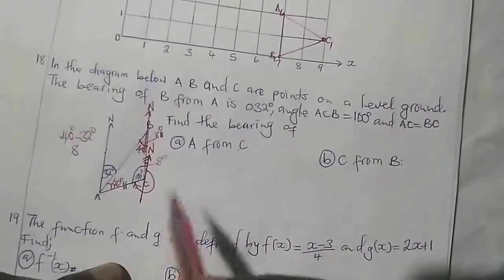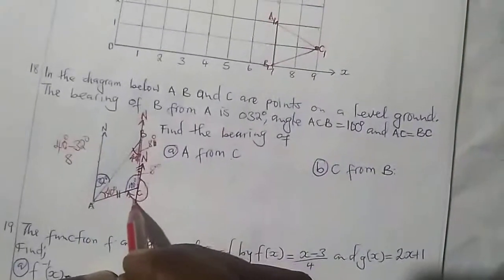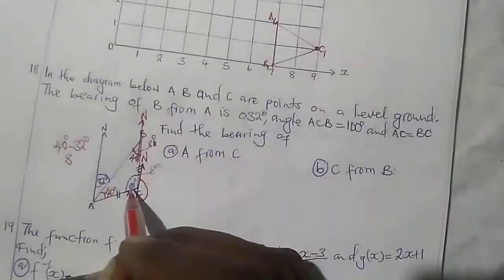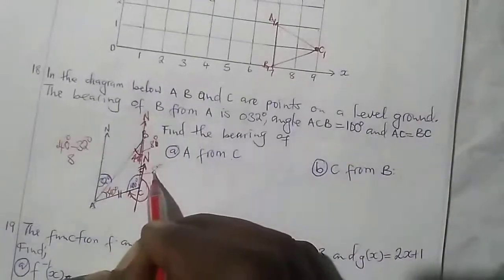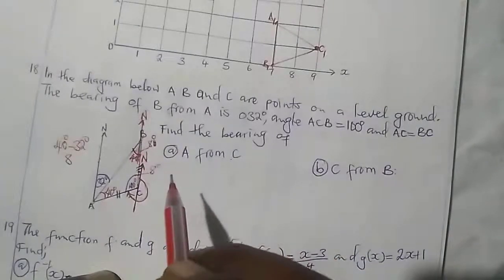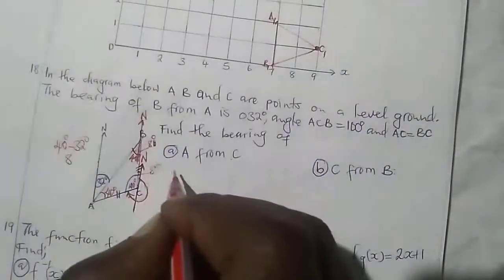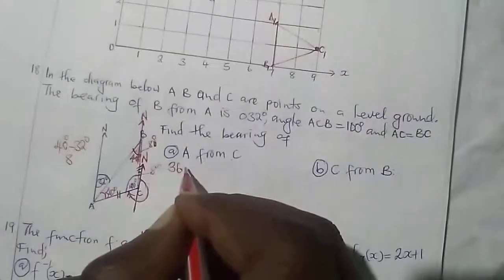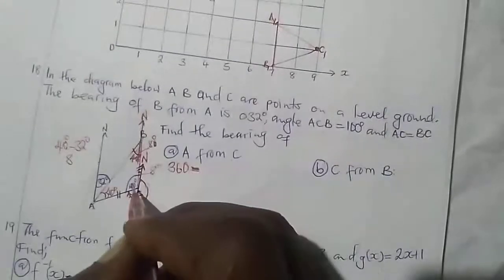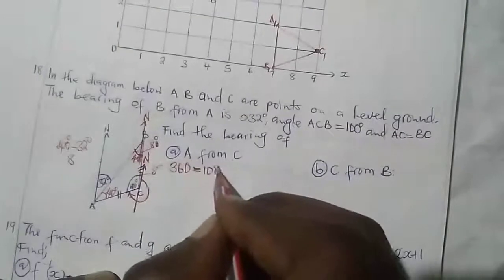So what we want to find, the value of this bearing, is the difference of 360 degrees minus this angle and this angle. We can write it as 360 degrees minus, then we add this plus this, 100 degrees plus 8 degrees, which gives us 108 degrees.